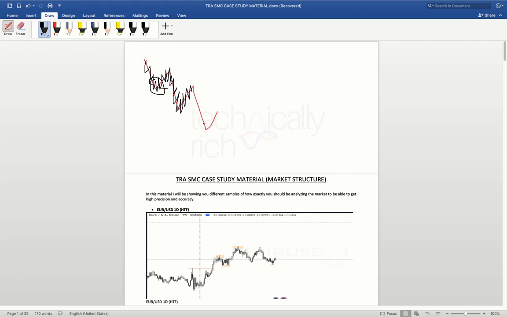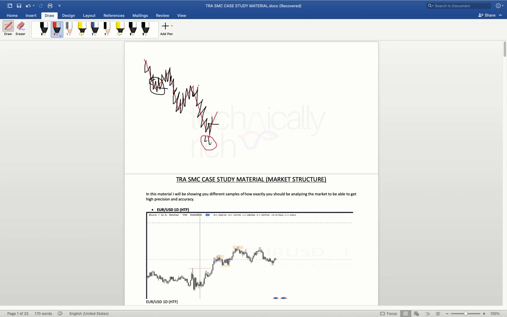Now, say for example, we have something like this. Here there's a break of structure on the lower time frame, but on the daily time frame, which is this red line inside, you are sitting on the lower low of the daily time frame.